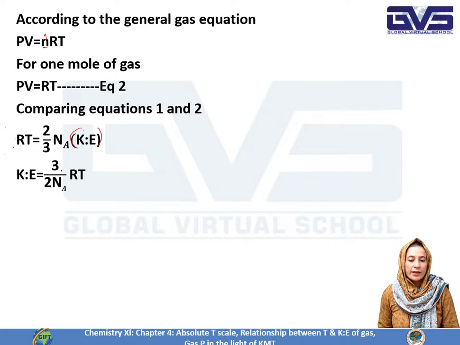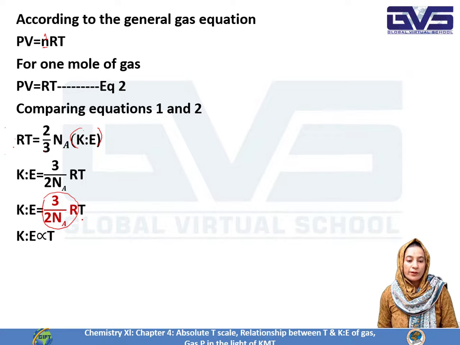In this equation you can see 3 is a constant because it is a number, 2 is a constant, Na for 1 mole is constant, R is the ideal gas constant, and temperature is the variable, it can change. So you can see these are constants. It means kinetic energy is directly proportional to temperature.